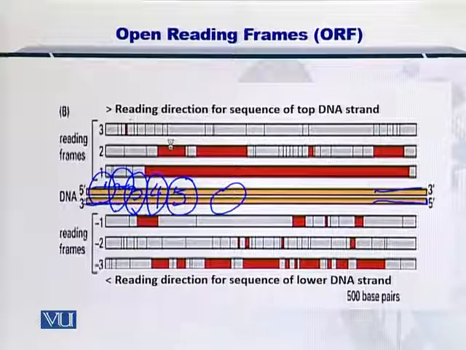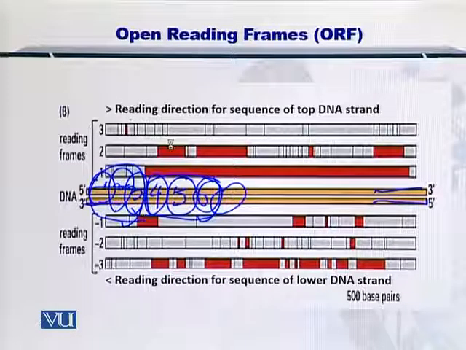Because if you start from the 4th nucleotide, then the 4th, 5th, and 6th nucleotides would form the first codon, but that would mean that the first codon can also be 1, 2, and 3. So therefore, you can have a maximum of 3 possible positions for starting the codon.